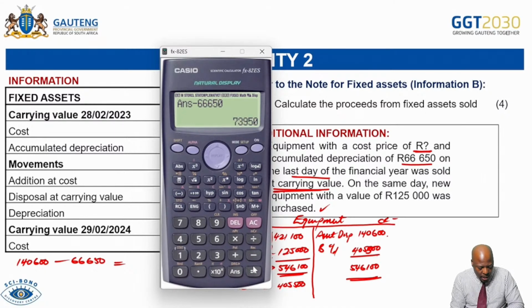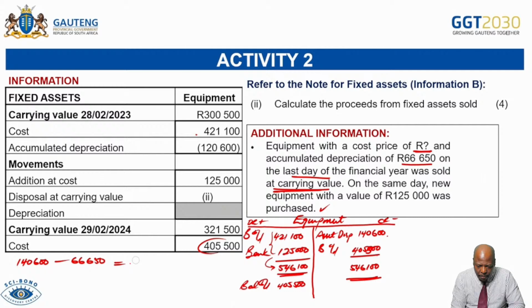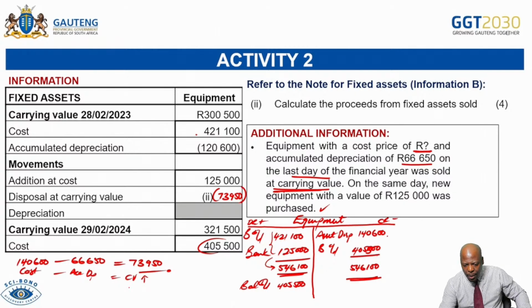That is going to give 73,950. That becomes your carrying value. So the disposal at carrying value is 73,950. Disposed at carrying value simply means what was the carrying value of the asset on the day we disposed it. So how do you get carrying value? It is simply your cost minus your accumulated depreciation gives you your carrying value, which is what we have over there. Okay, I'm going to move on to the next one.